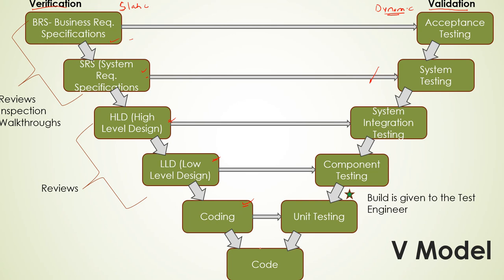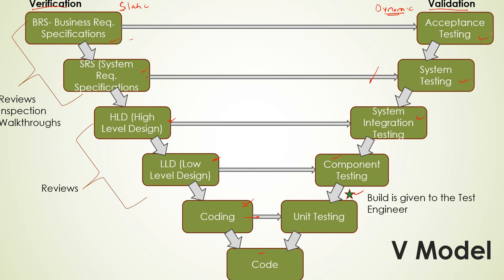Once the code is finished, the developers perform the unit testing, and then the build is given to the test engineer for testing, and after that the dynamic testing gets started. Here the test engineer will perform the component testing, system integration testing, system testing, and the acceptance testing.